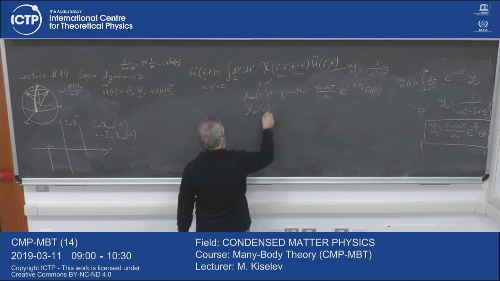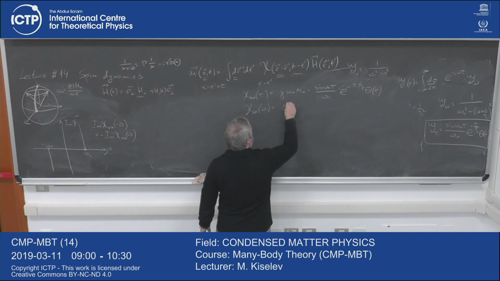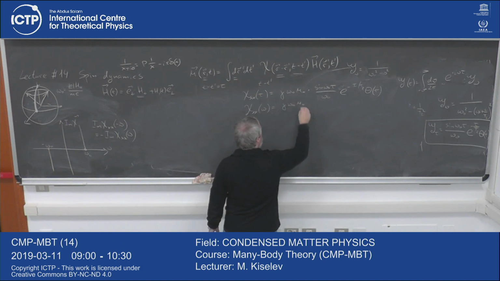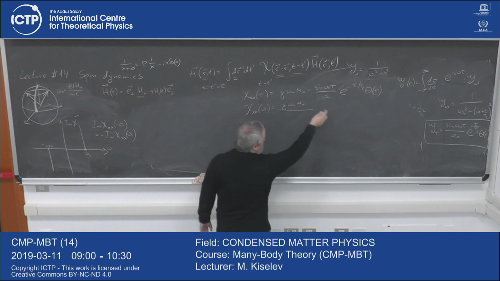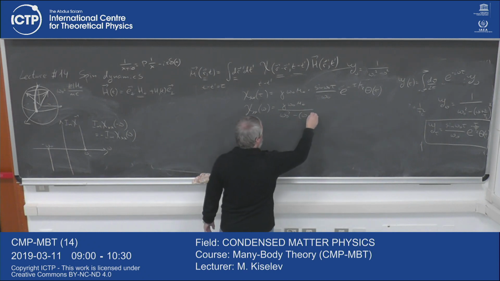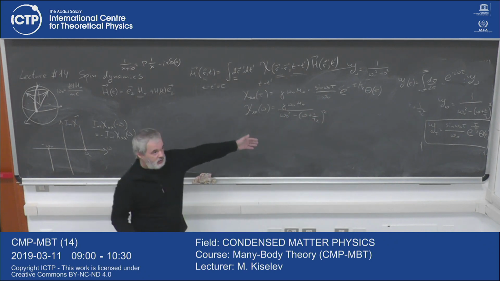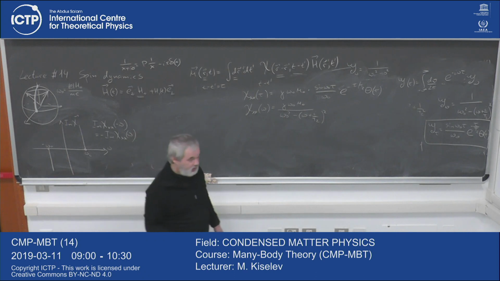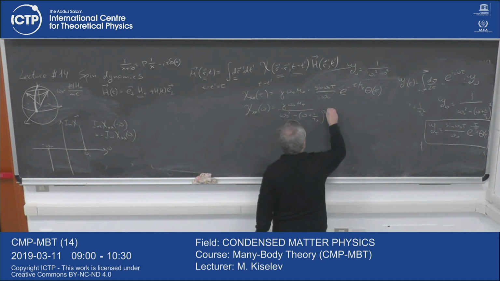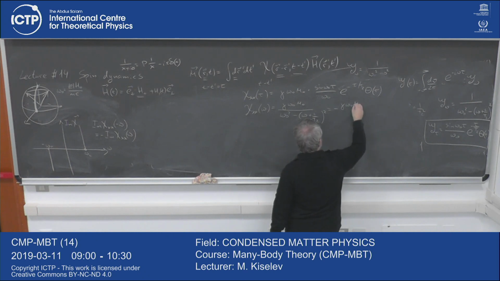So chi xx as a function of omega is equal to gamma omega naught M naught over (omega naught square minus omega plus I over T2) square. So this is my Green function in Fourier transform, or I can write it down as minus gamma omega naught M naught divided by 2 omega naught.